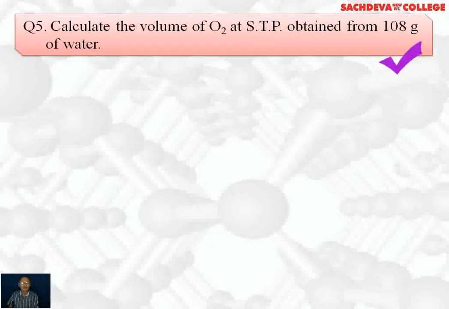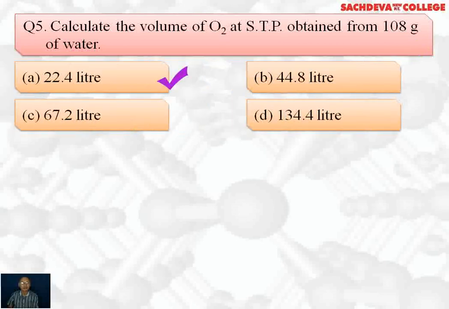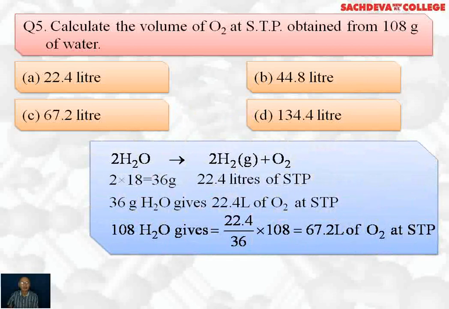Next question: calculate the volume of oxygen at STP obtained from 108 gram of water. A part 22.4 liters, B part 44.8 liters, C part 67.2 liters and D part 134.4 liters. How to solve it?